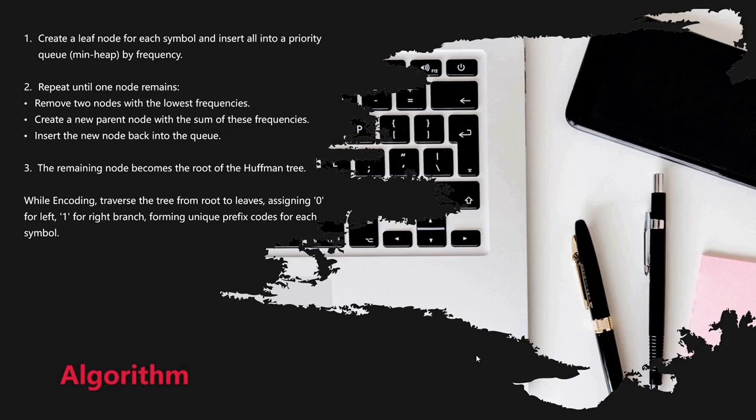Then we create a new parent node containing the sum of the nodes and put this node into the queue. This process is repeated until only one node remains in the priority queue, which is the root of the Huffman tree we just created. For encoding, we assign 0 for the left and 1 for the right branch as we traverse from the root to the leaf nodes.